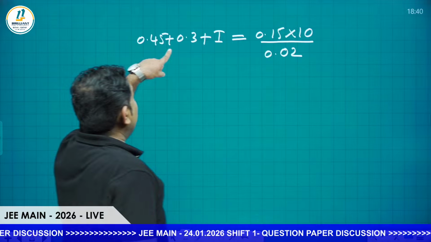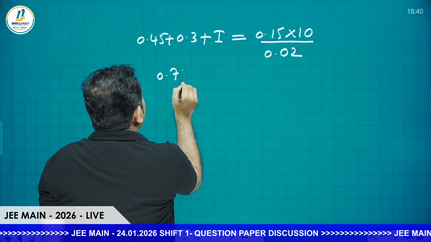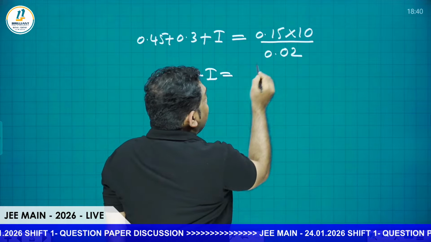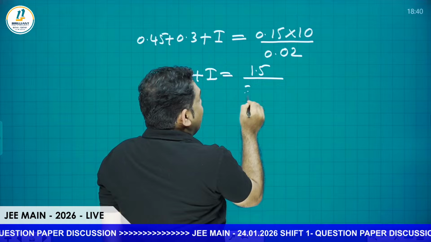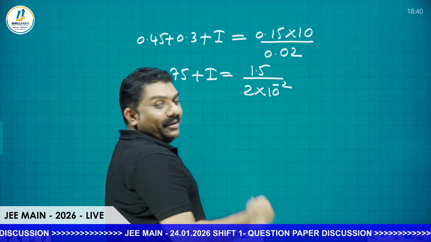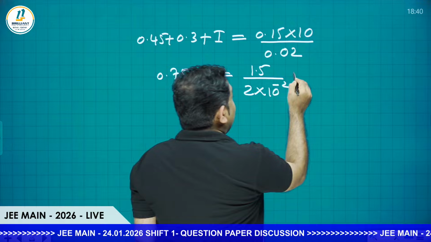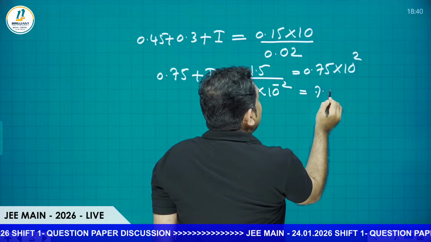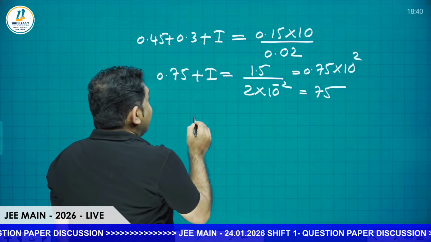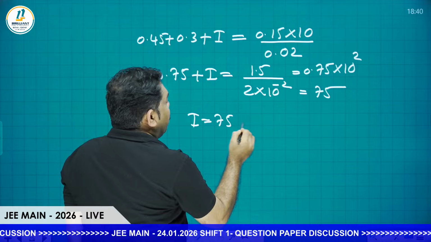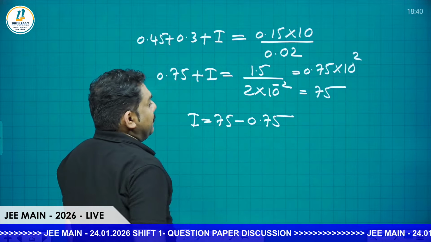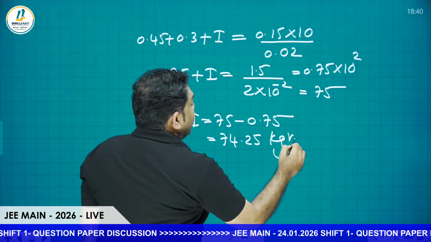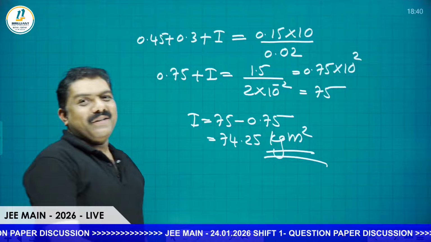Now 0.45 plus 0.3 means 0.75, plus I is equal to 0.15 into 10, which means 1.5 by 2 into 10 raised to minus 2. 1.5 by 2 is equal to 0.75, so 0.75 into 10 raised to 2, that is 75. Now I is equal to 75 minus 0.75, which is 74.25 kilogram meter square.